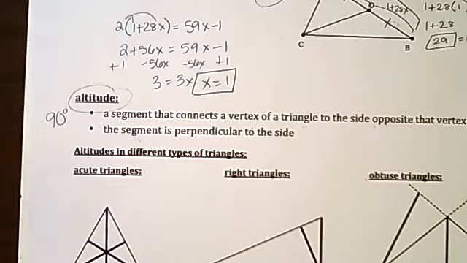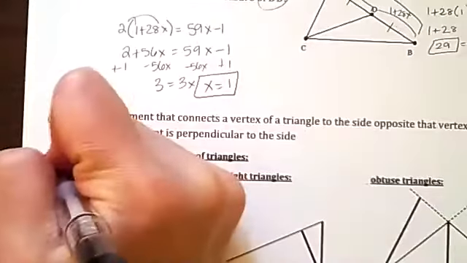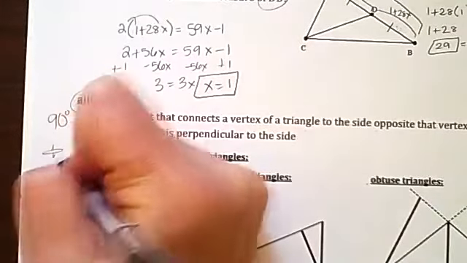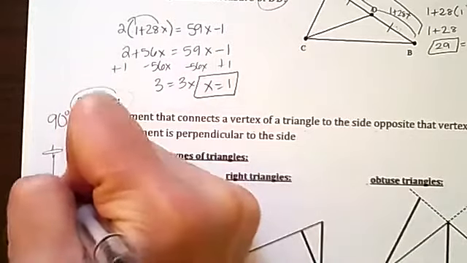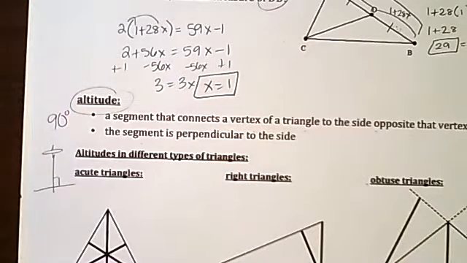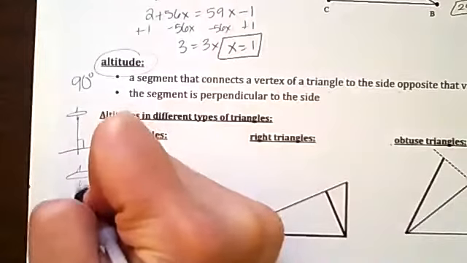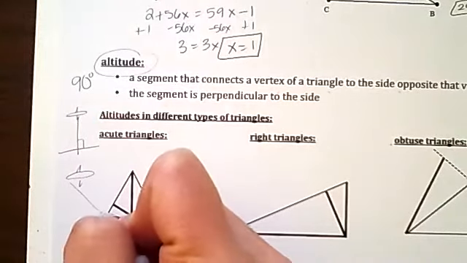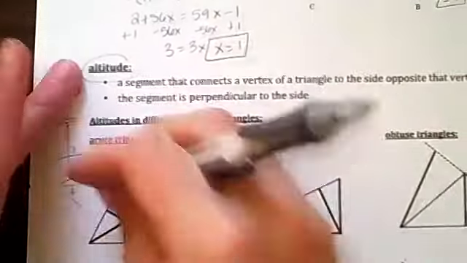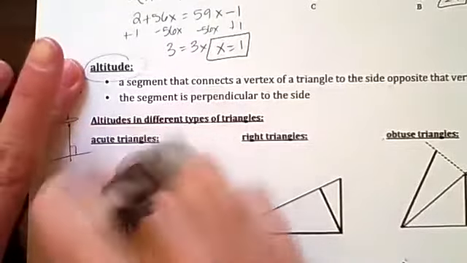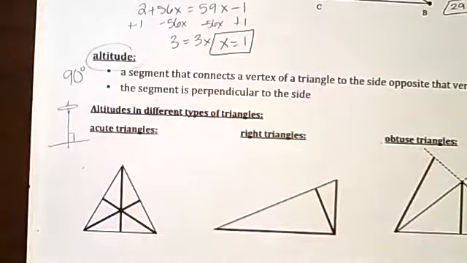If you've ever been on a plane, at some point the pilot usually comes on and says, we're at a cruising altitude of so many feet. Think about the airplane. The altitude is how high you are straight down, at a 90-degree angle. It wouldn't be a random diagonal line. It's always straight down to the ground, like how high you are. It's like the height. So an altitude is always a 90-degree angle. So that could be a way to remember it.